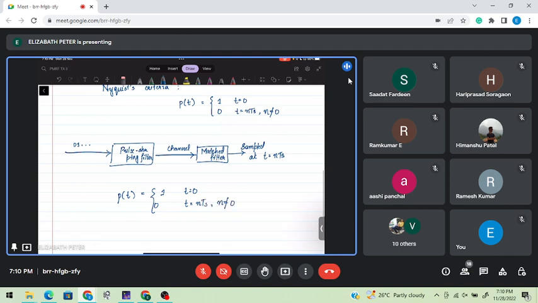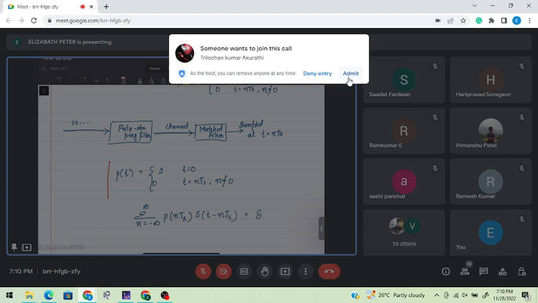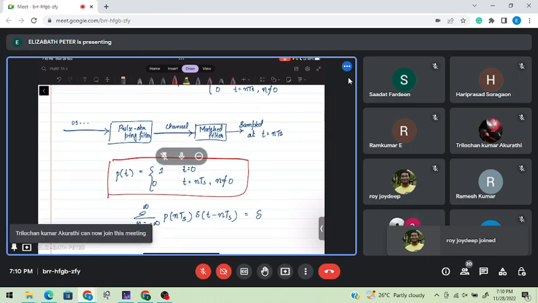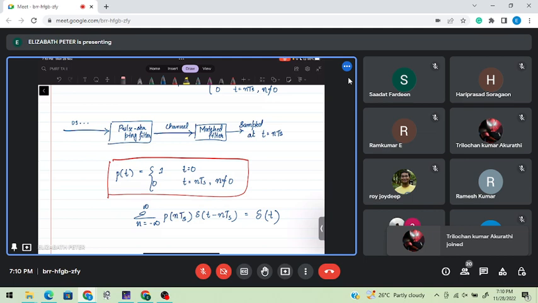I can write this as the summation over n varying from minus infinity to infinity of p(nTs) delta(t minus nTs), which, if you look, is like an impulse. So I can write this as delta(t). Are you agreeing with this?